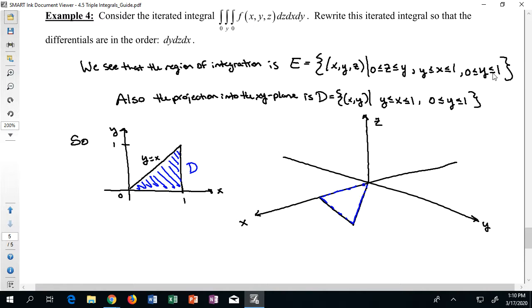Now, if y goes all the way up to 1, then the highest that z could ever be is a 1. So let's just say, for the sake of argument, this is how high this particular thing gets. And as I walk backwards towards the value of y being 0, I decrease.